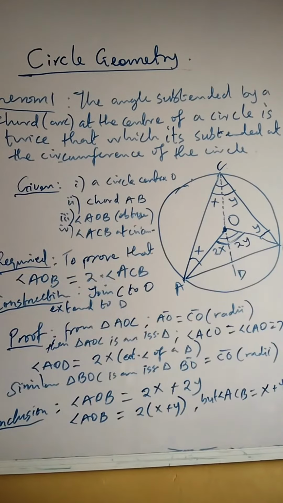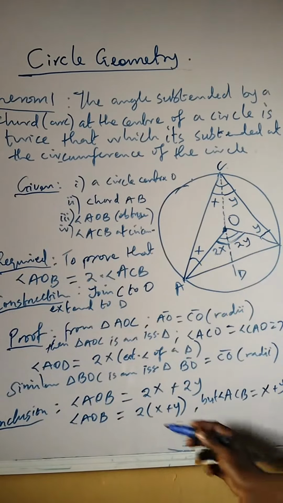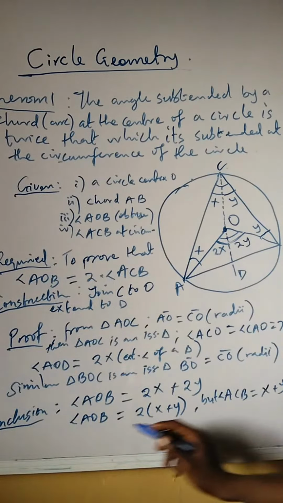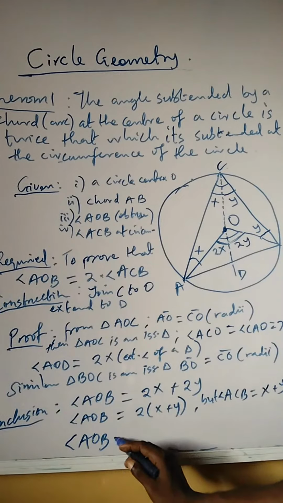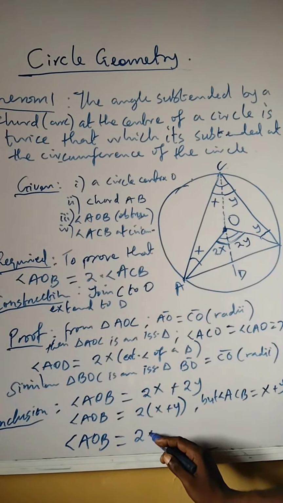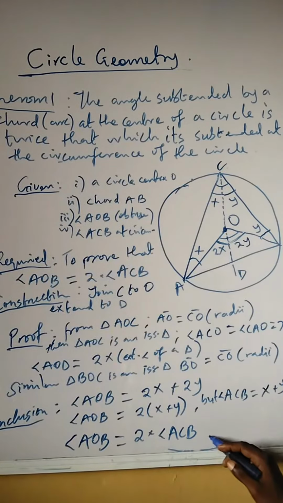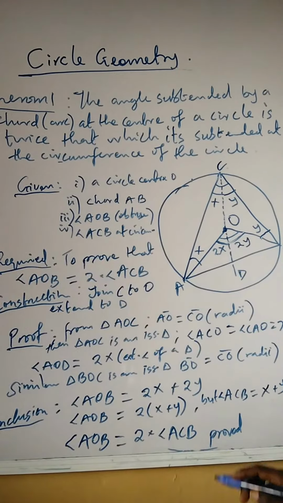When you look at it, the entire angle at the circumference here, ACB, is x plus y. So we remove this x plus y and write angle ACB. So we can say angle AOB is now equal to 2 multiplied by angle ACB. That means the required has been proved. Therefore, we conclude that angle at the center is equal to 2 times angle at the circumference.